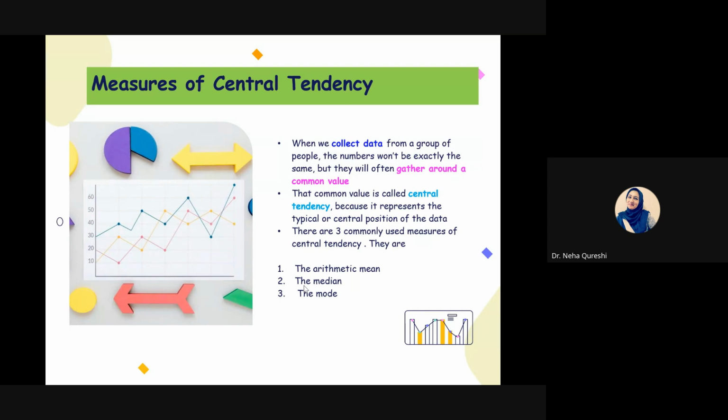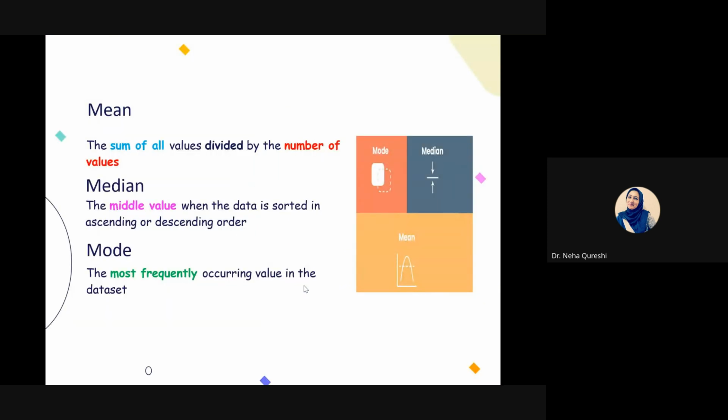So now what is median and mode? Mean, of course, we all know it is the average value. The median is the middle value in a data. When you sort the data in ascending or descending order, whatever comes in the middle, that is your median value. If you have an even number of observations in the data, then you have to take the average of the two central values, which is your median value.